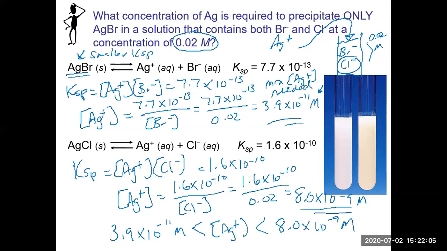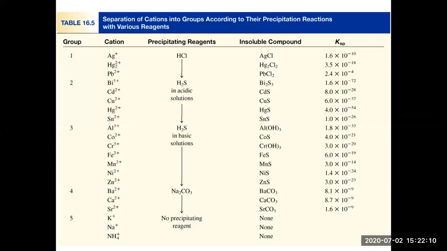All right, so just to finish up, we've been talking about it as we've been going through, and we talked officially about it the other week when we did the qualitative analysis experiment. Qualitative analysis uses Ksp and solubility product to take advantage of differences in solubility. When we talk about qualitative analysis, that's group 1, 2, 3, 4, and 5.